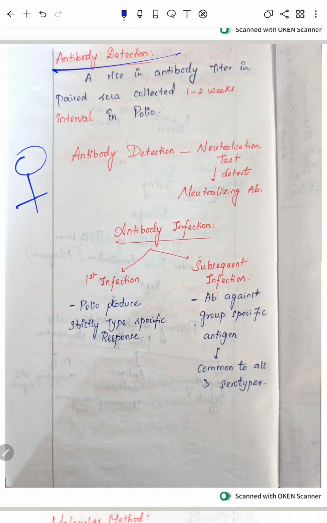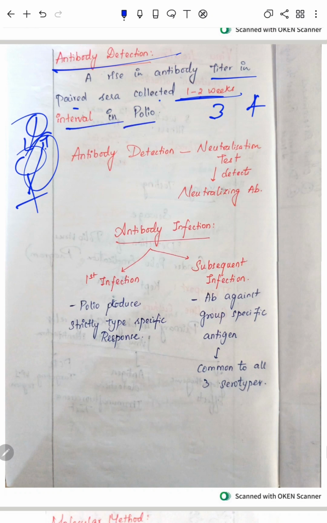Okay, antibody detection. When the polio virus enters our body, our body produces antibody. This antibody is used for detection of polio. Okay, a rise in antibody titer in paired sera collected over 1 to 2 weeks. The 3-week sample is the throat sample, and the 4-week sample is the rectal swab. Okay, 1 to 2 weeks interval in polio.